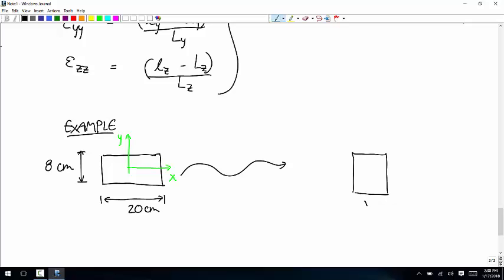So let's say for this side, the change in length is negative 1 times 10 to the minus 6 meters. And along this direction, the change in length is 2 times 10 to the minus 6 meters.